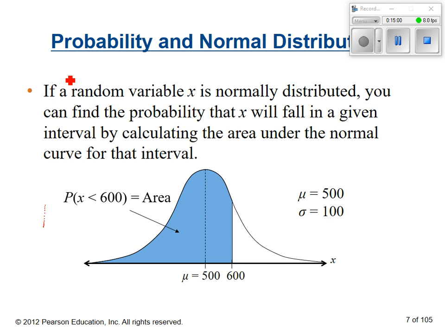So if we're calculating that, we're finding the probability x is less than 600. It's going to be that area right there. Notice here we're using raw scores. We're not changing it to the standard normal, which would have like 0 as the mean, then 1, 2, and go by standard deviations.